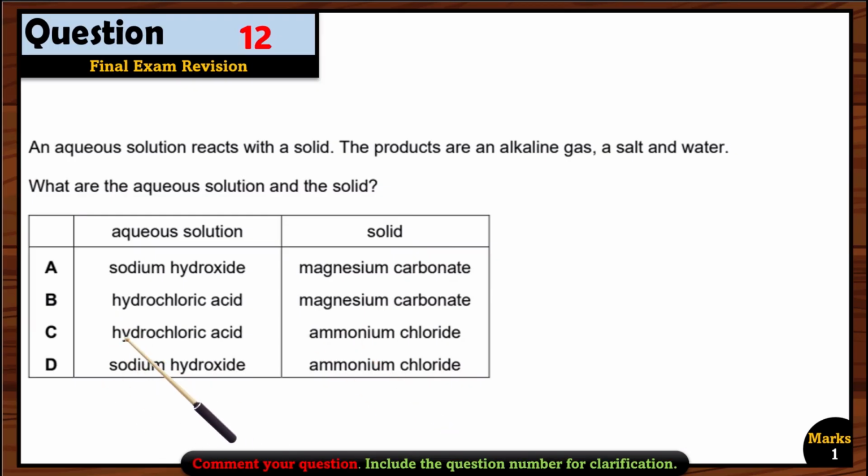So option C or D can be right. Ammonium chloride will be the solid. Now let's see the aqueous solution. Remember that ammonium salts, whenever they react with a base, will give you ammonia, not with an acid. So which one is a base here? Sodium hydroxide. Whenever a base reacts with an ammonium salt, we will always get ammonia gas, which is alkaline in nature. So that's why option D is the right option here.